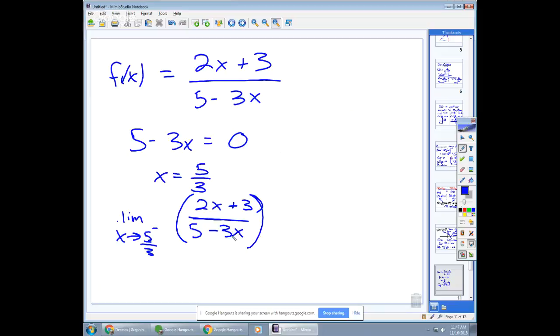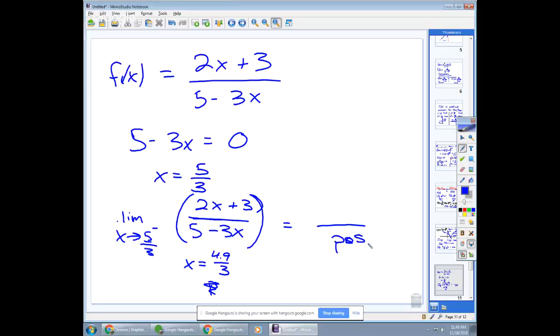It's going to go to 0. So for example, this could be like maybe x equals 4.9 thirds. That's a number a little less than 5/3, to the left side. So that means that I have 5 minus 4.9 in the bottom, which is a positive number. So I'm positive in the bottom.